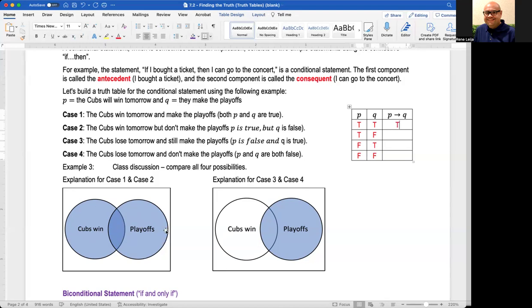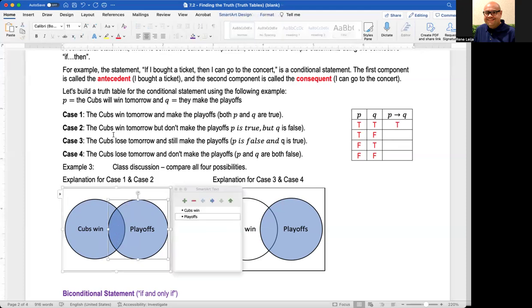Okay. Now, this is the weird one. If the Cubs win tomorrow, but they don't make the playoffs. Well, if they don't make the playoffs, then that means you would have to shade everything outside of the playoffs circle, which means you would not have this part.